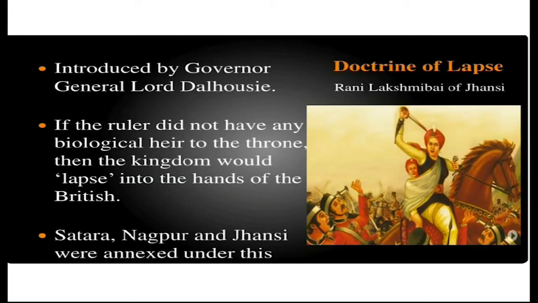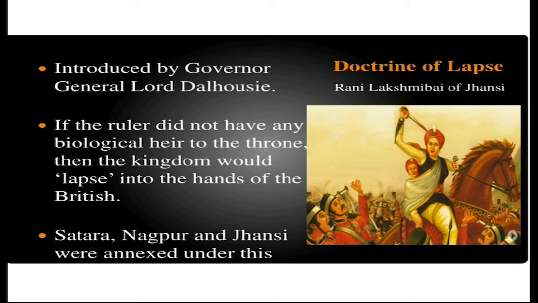According to this law, if the ruler did not have any biological heir to the throne, then the kingdom would lapse into the hands of the British. That means the kingdom will be annexed by the British, or it will go to the hand of the British.